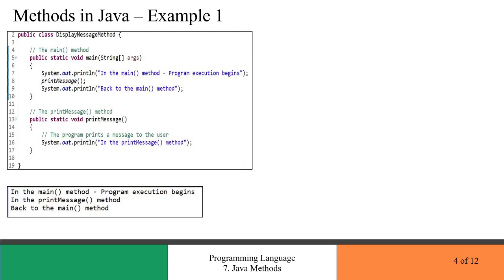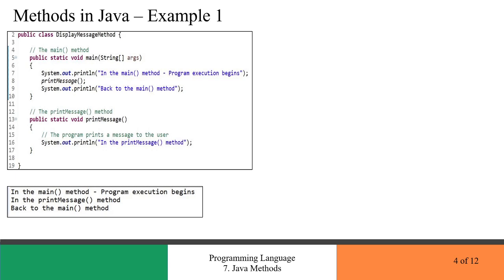So, the program execution starts at line number 7, and the code prints in the main method program execution begins. Following this, as a part of line 8, we are calling the printMessage method. So what happens now is the code which is present inside the printMessage method gets executed, which is the line number 16. As a part of this, in the printMessage method gets displayed on the screen.